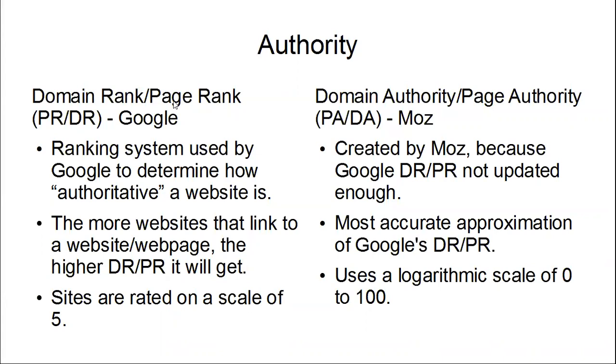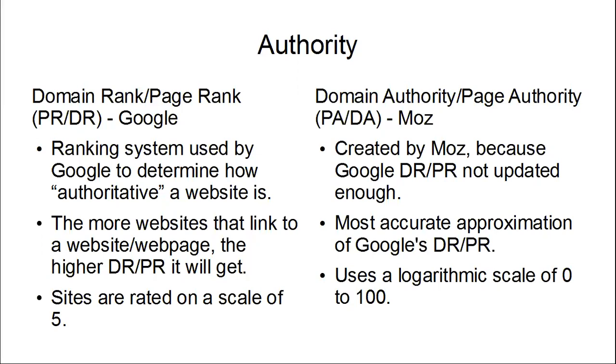But Google only publishes that usually every few months or so, so it's not frequent enough to be useful for a marketer who's trying to move their websites up and see what's effective and what's not. So Moz luckily came up with their own variation of that, which very closely approximates Google's rankings, except that Google chose to use a scale of 5, whereas Moz uses a scale of up to 100.